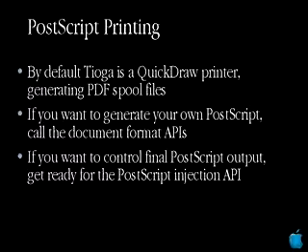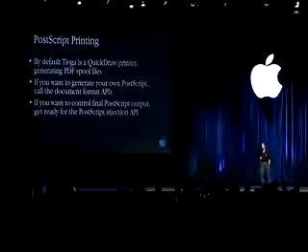Just to summarize, for typical applications printing on Mac OS X, the printing system appears as a QuickDraw printer, so you can't send PostScript via PicComments. PDF is the mainstream spool file format, and we'd rather everybody use PDF, of course. It's got lots of advantages, like you can preview it, and it's page independent and resolution independent.